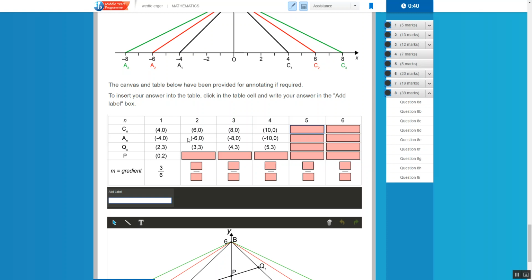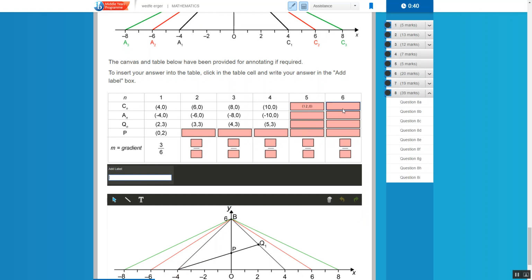So we can see 4, 6, 8, 10, 12, 0, 14, 0, negative 4, negative 6, and this is just the negative values. 2, 3, 4, 5, 6, and it's 3. 7, and it's 3.